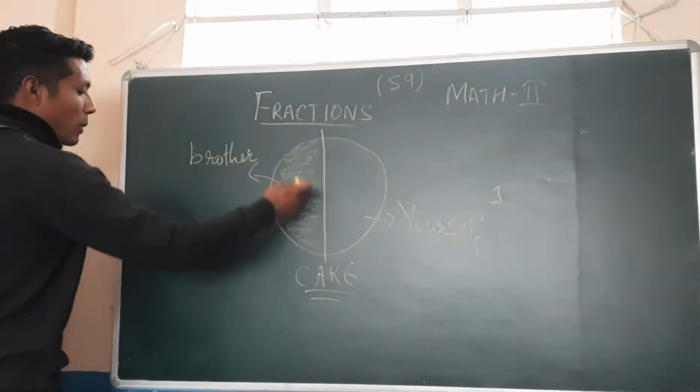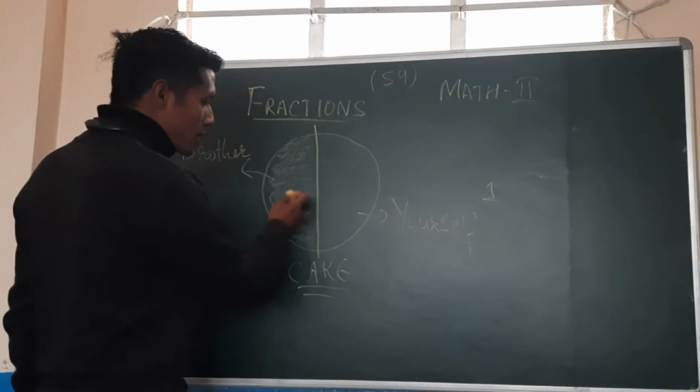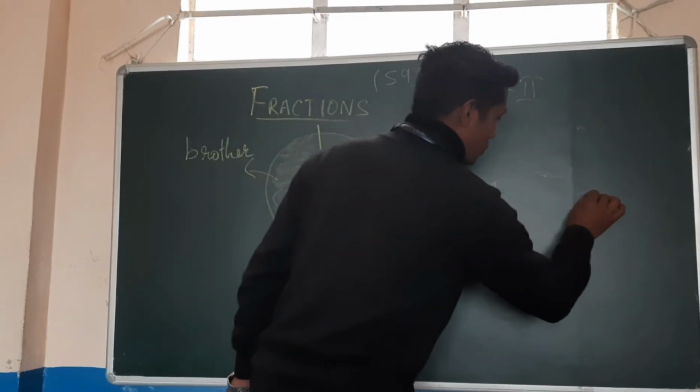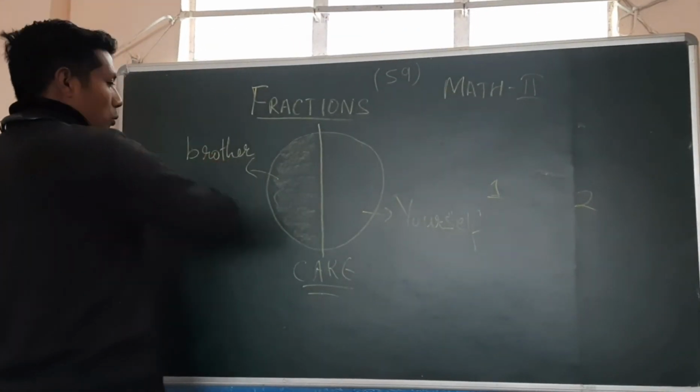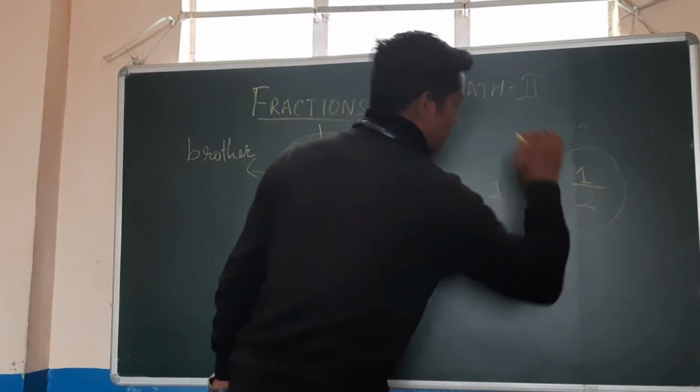Thus, how much part of the cake is taken by your brother? There are two parts of the cake, so 2, and how many did your brother take? 1. So 1 by 2, and this is known as a fraction.